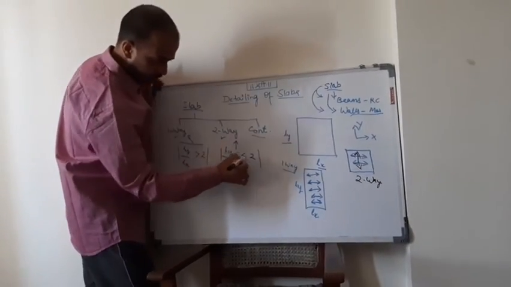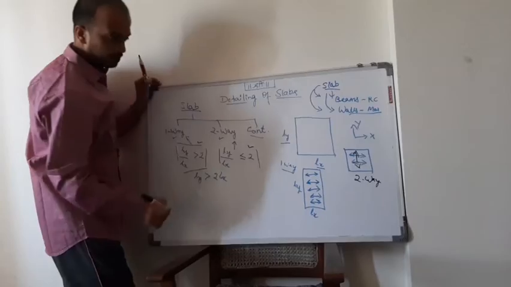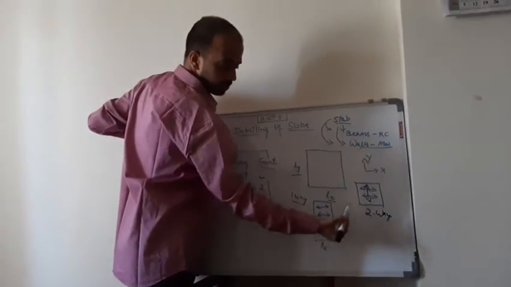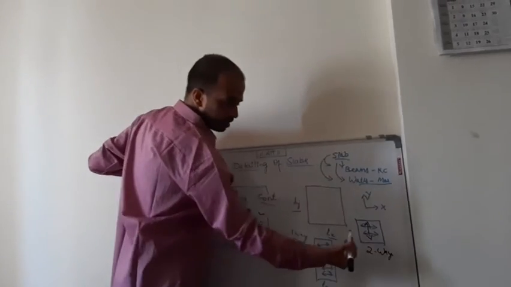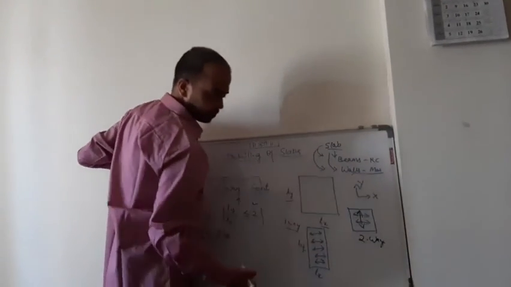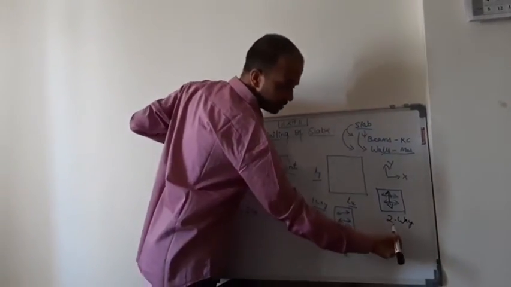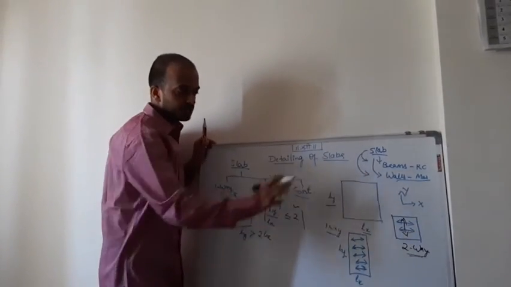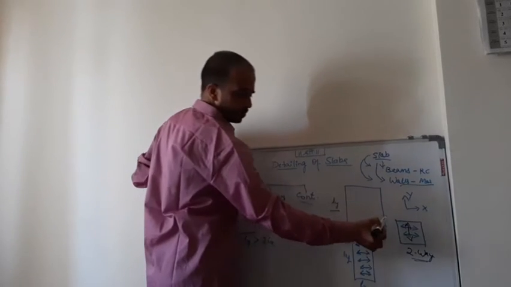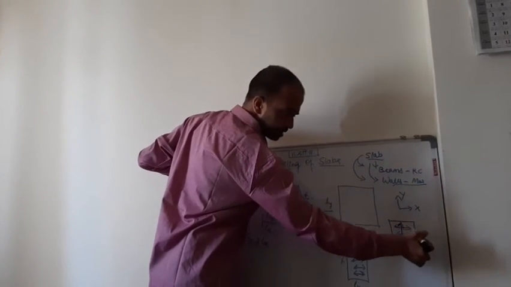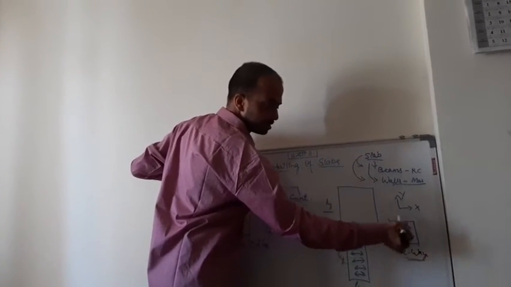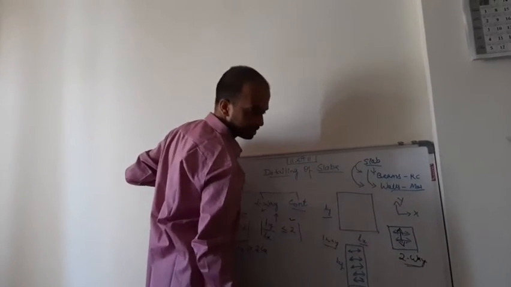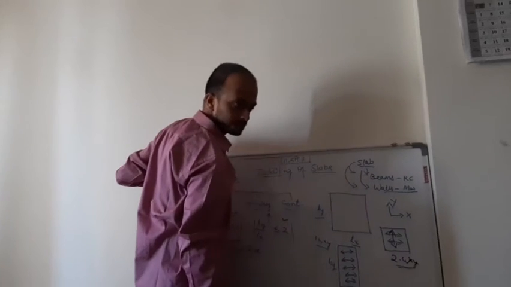Suppose if you are not able to identify with the help of this formula, then looking at the support you can find out whether it is a one-way slab or a two-way slab. When you look at the plan or a drawing of a slab, usually two-way slab will look square in shape. Okay, most of the times it is like that. So you can say that if the size is square, then the direction of load transfer will be in both x and y coordinate axis. Hence we take it as two-way slab.